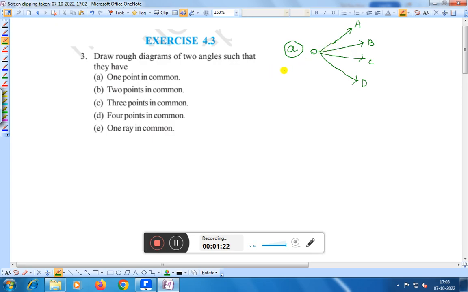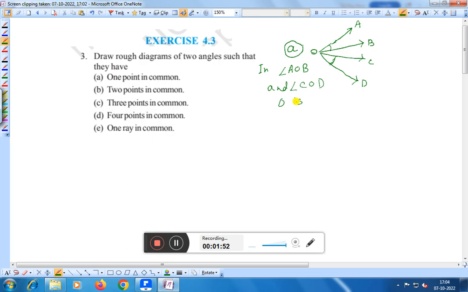In angle AOB and angle COD, we find that only one point is common, that is O. O is the common point.